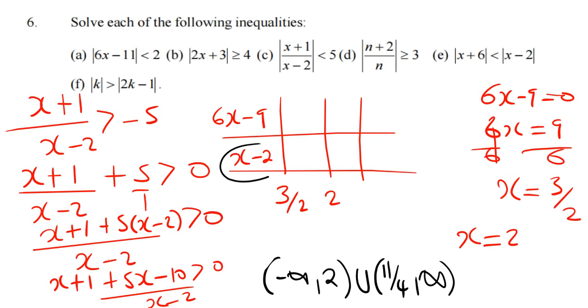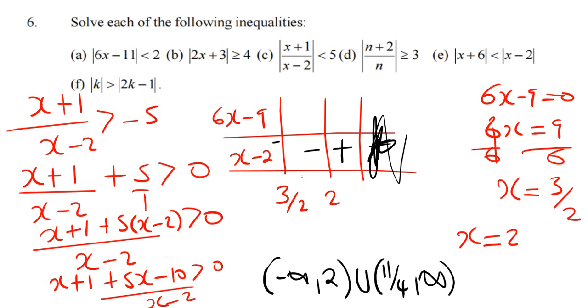x minus 2, it is coming from 2. It gave us 2 actually. So if we get any number that's greater than 2, we put there, let's say 3, we're going to have a positive answer, positive answer. But if you get any number that is less than 2, let's say a 1, we're going to have a negative here and a negative there.